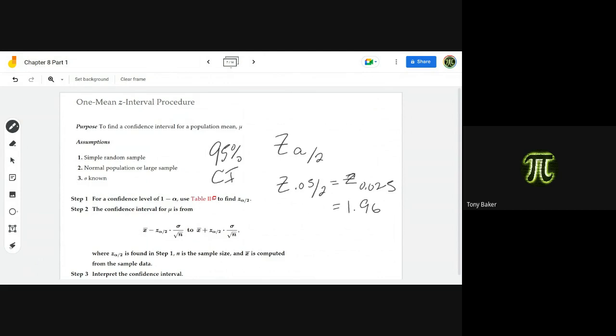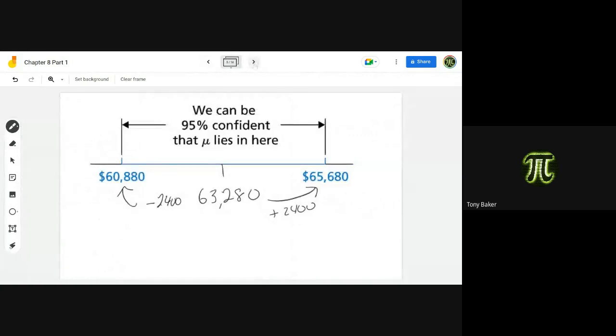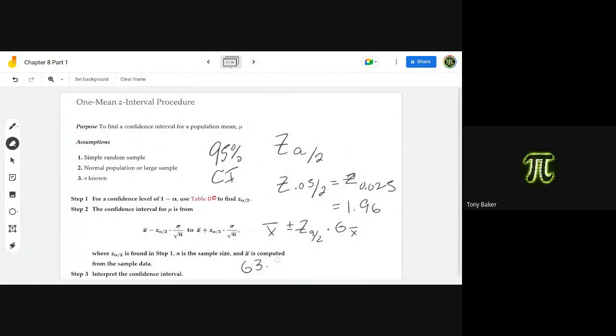Now, to find our confidence interval, we're going to take our mean and add or subtract the z-value, so z sub alpha over 2, times the standard deviation of the sample. So for the one we did a little bit ago, it would be 63.28 plus or minus 1.96 times 1.2.